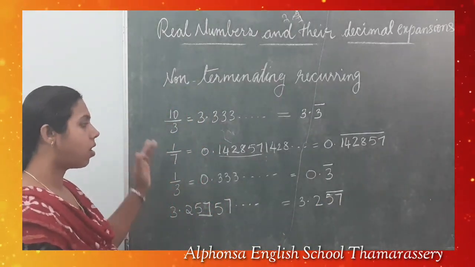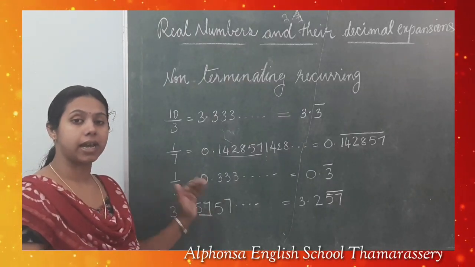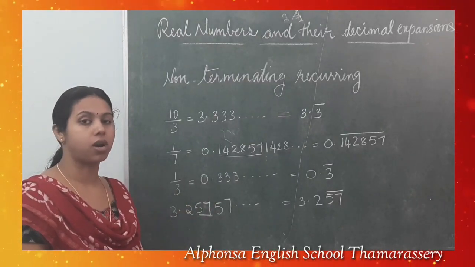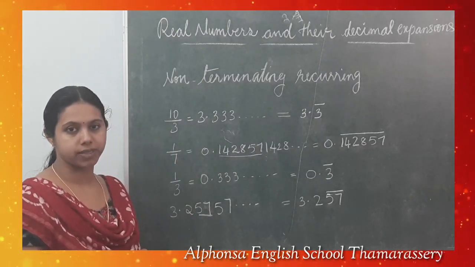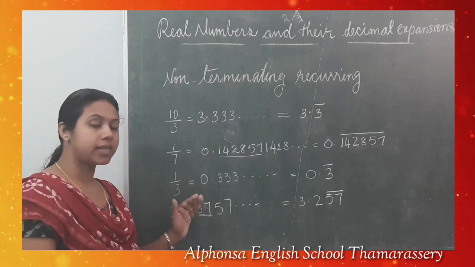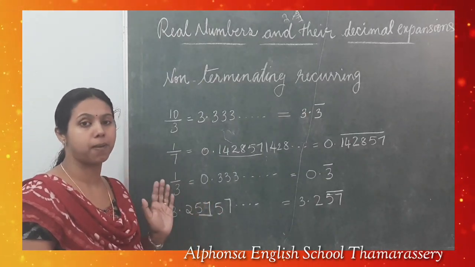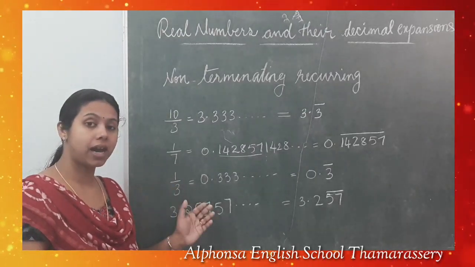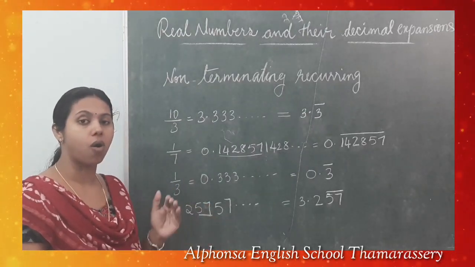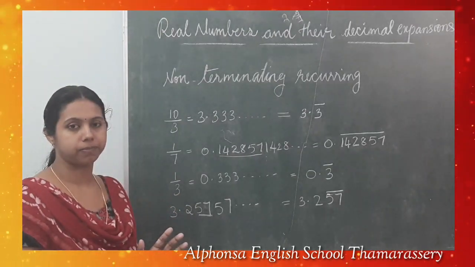So all these examples give us non-terminating recurring decimal expansions or non-terminating repeating decimal expansions. Thus we can see that the decimal expansion of rational numbers has two choices. Either they are terminating or non-terminating repeating.